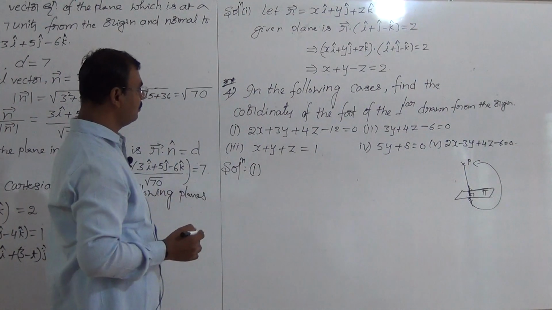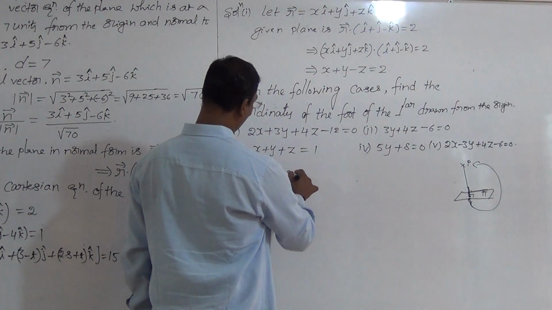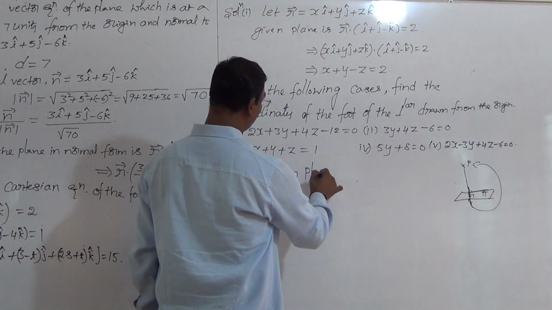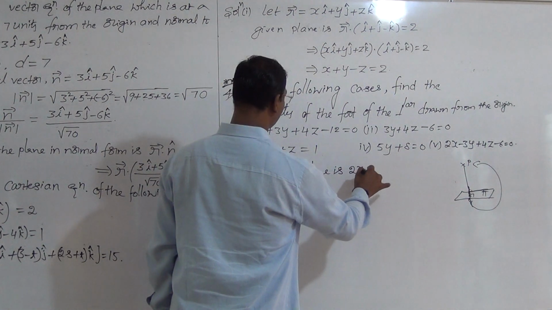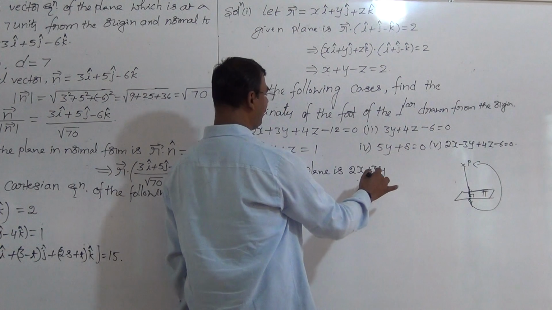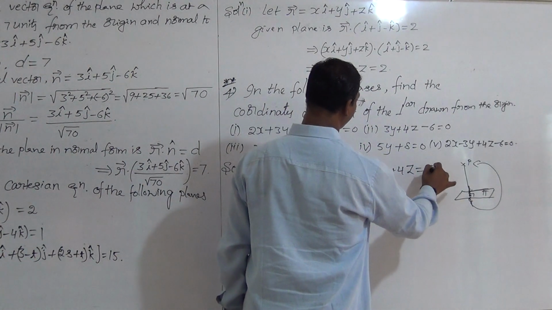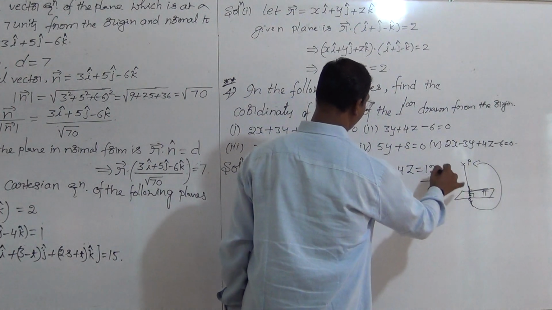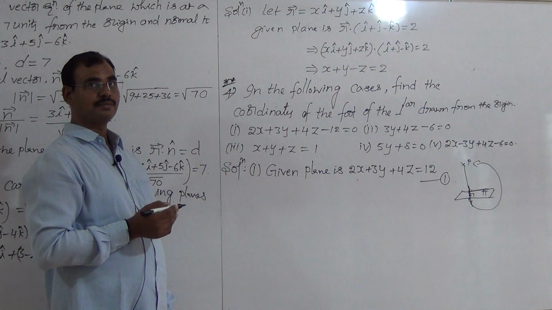See the solution of the first question. The given plane is 2x plus 3y plus 4z is equal to 12. This is the general form of a plane equation.